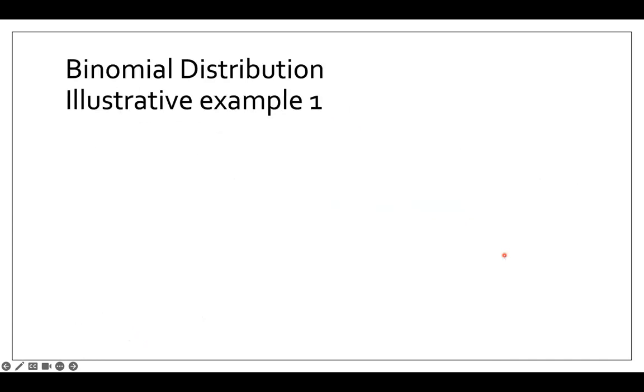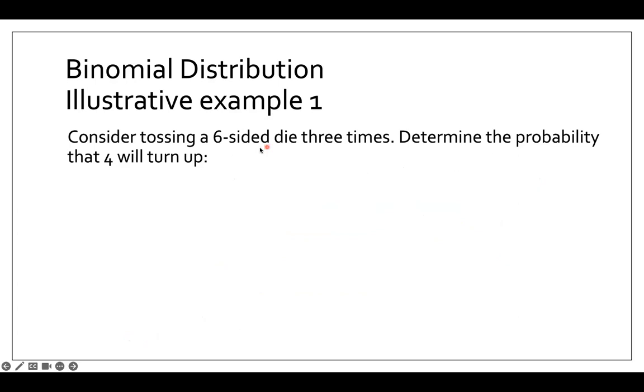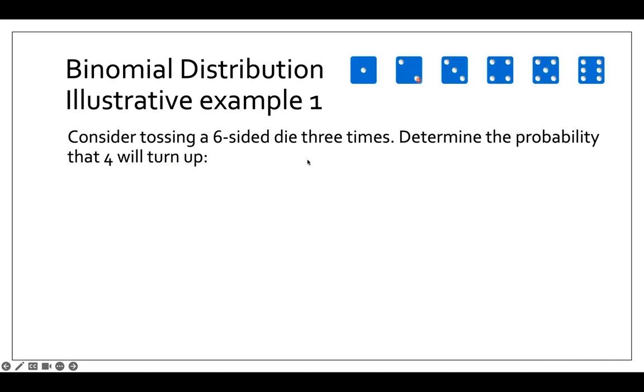So for the binomial distribution, let's start with example 1. Say, consider tossing a six-sided die 3 times, and we will be determining the probability that a 4 turns up. With this, we actually have the information of the N, the P, and the Q, though it's not stated clearly, but we can unearth them. For one, we are tossing a six-sided die 3 times, so the number of repetitions is your N. So your N is 3.